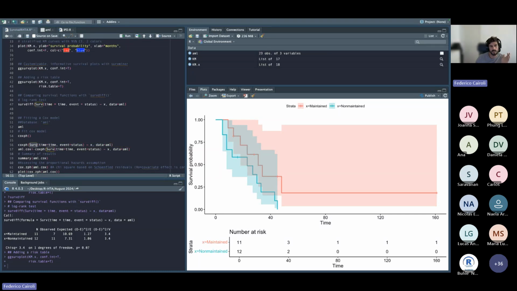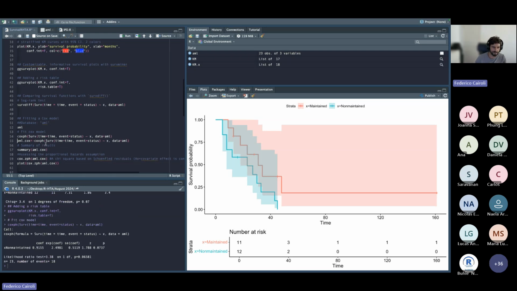We are putting the Surv subfunction to define time and event, then this operator to stratify or not. If we don't want to stratify, we put 1. Here we want to stratify to see the hazard ratio of the treatment, and also data equal to the data set that we are using. Okay, so basically we just run this specific function.